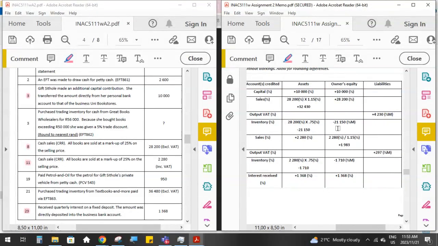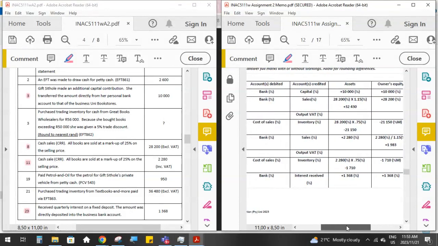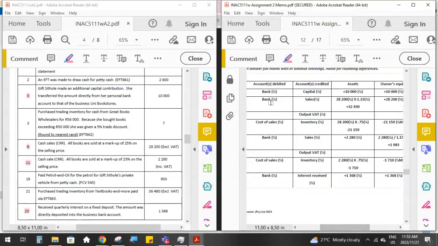So you have to put the plus or the minus in front to indicate, is owner's equity increasing? We put a plus. Is owner's equity decreasing? Then we must put a minus. Okay, very important, those pluses and minuses, otherwise you can't get that mark for that particular amount, even if you got the amount correct.